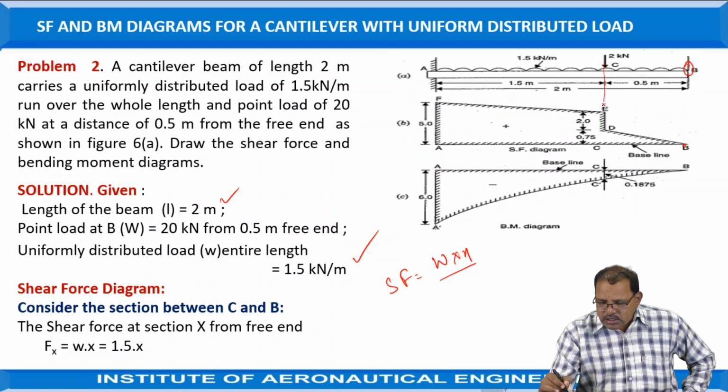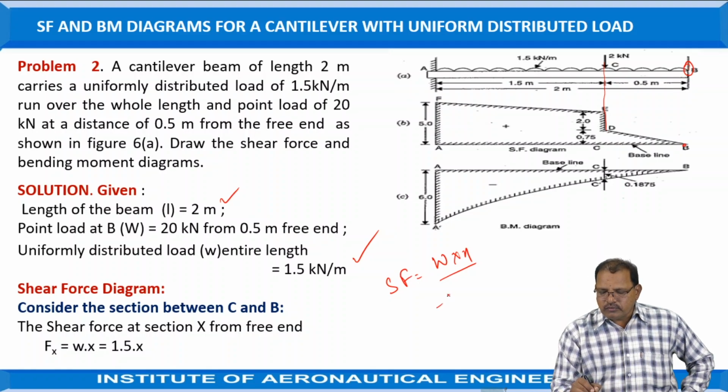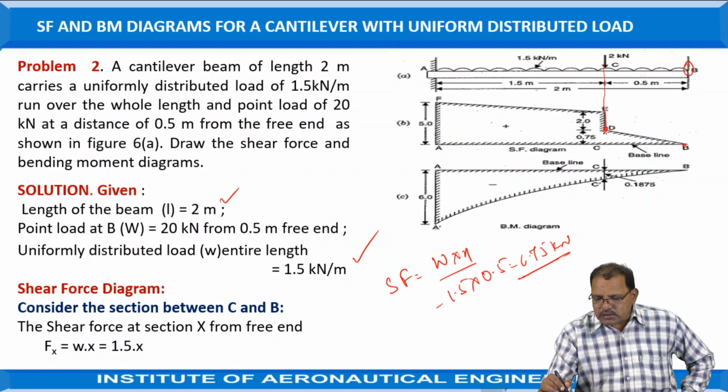At C, the value is equal to W into X, where W is 1.5 kilonewtons per meter and the length is 0.5. It is equal to 0.75 kilonewton.